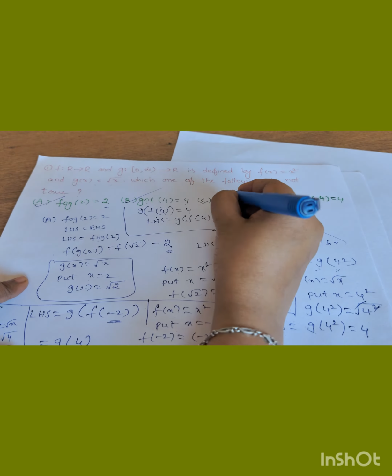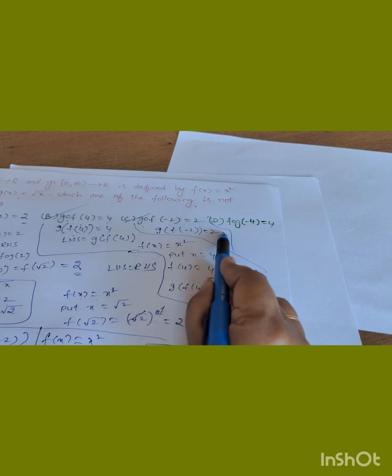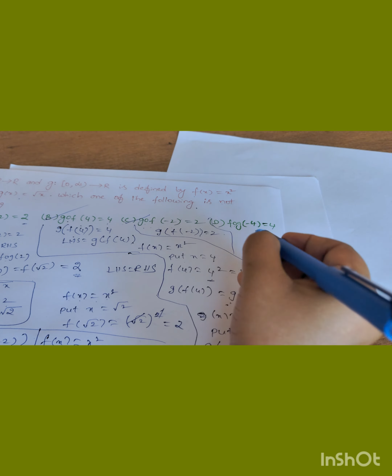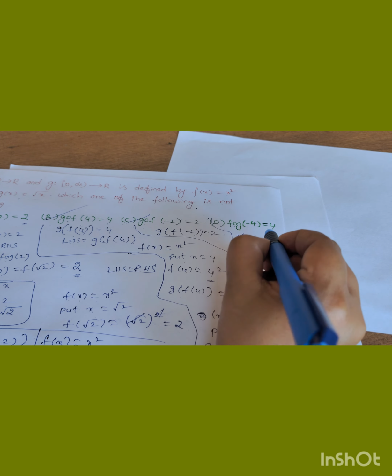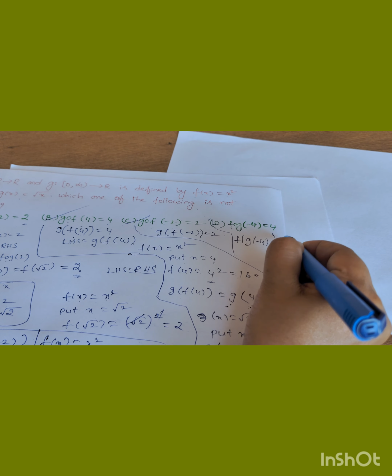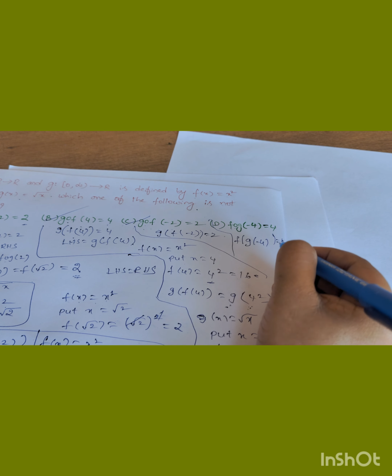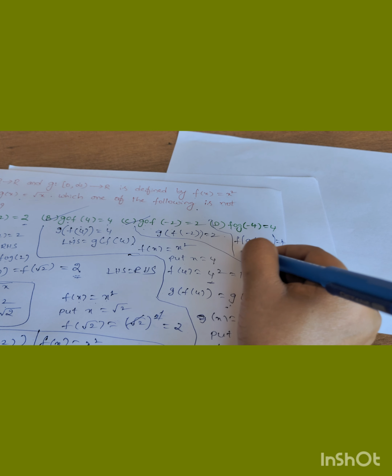It is also true. Next, go for option D, the last option. Here circle means "of". So f of g of minus 4 is equal to 4. If both are equal, then it is true. Otherwise, not true. So first we find LHS.